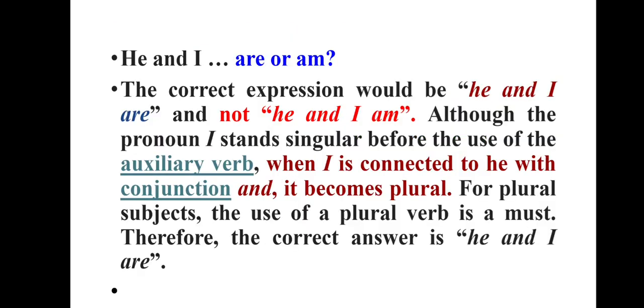Moving to the next one: he and I, are or am, right? Suppose the sentence is he and I, then whether are will be used or am will be used. The correct expression would be he and I are. It may be absurd, it may not be digestible to you, please take care.